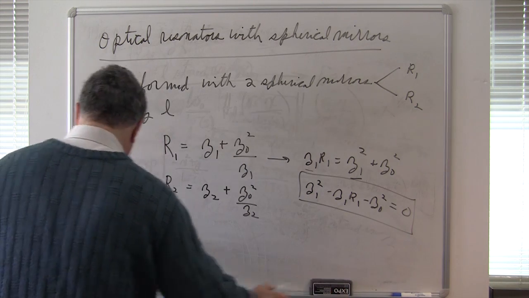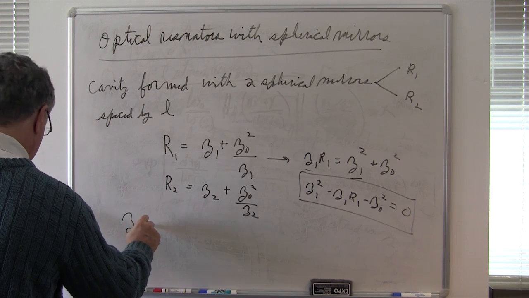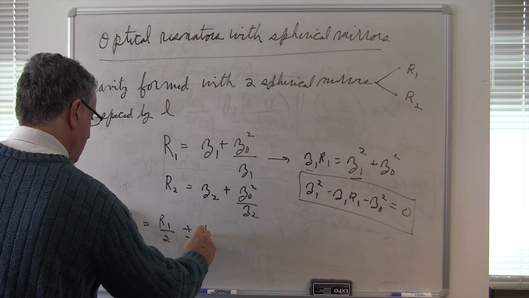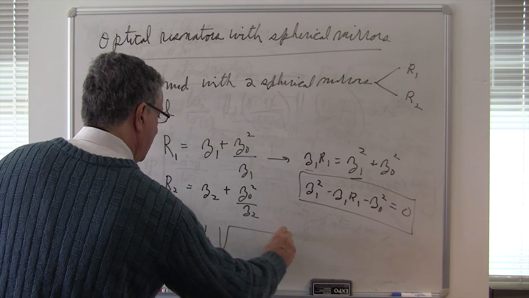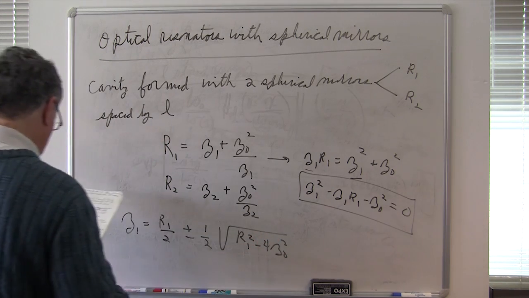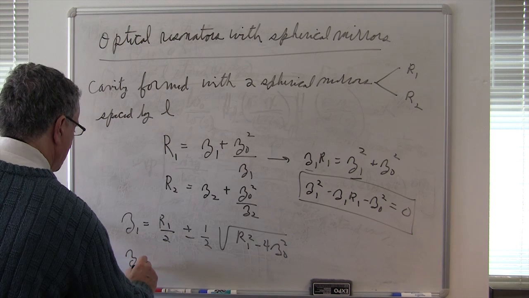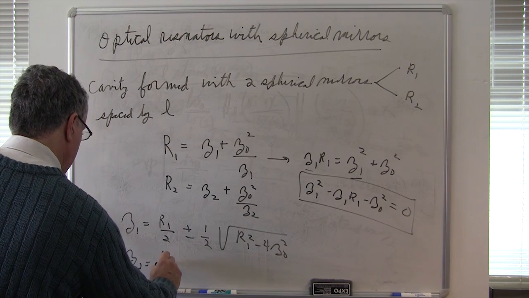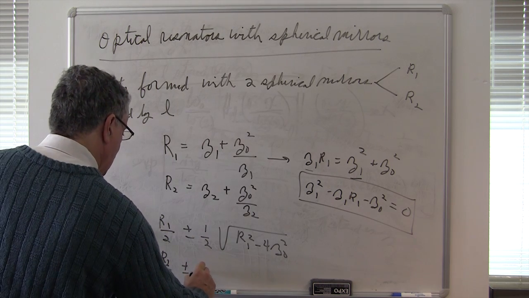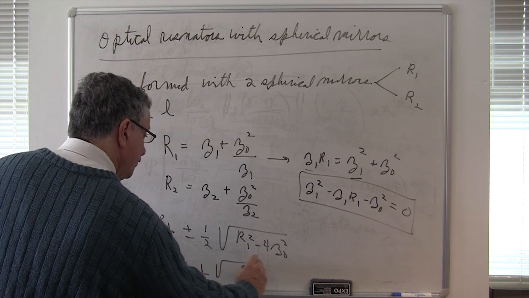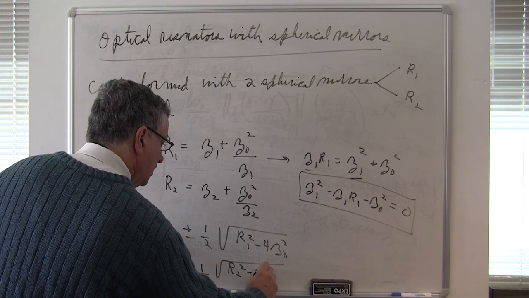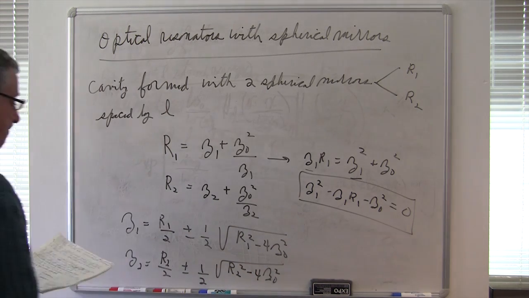Since it is a quadratic equation, you can write that Z1 is equal to R1 over 2 plus or minus 1/2 square root of R1 squared minus 4 Z0 squared. And the same thing, for Z2 the solution is just given by R2 over 2 plus or minus 1/2 square root of R2 squared minus 4 Z0 squared.